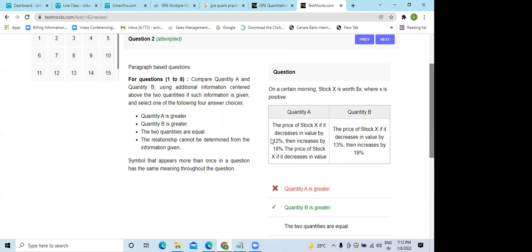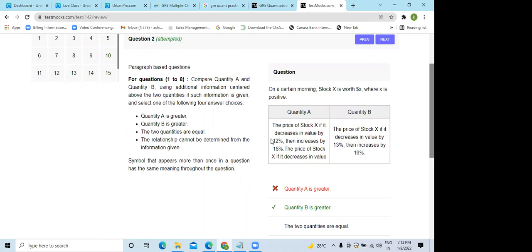Okay, now keep it. Now go to the B column. The price of stock X, if it decreases in value by 13%. So 100 minus 13 is how much? 87. Then it increases by 19%.